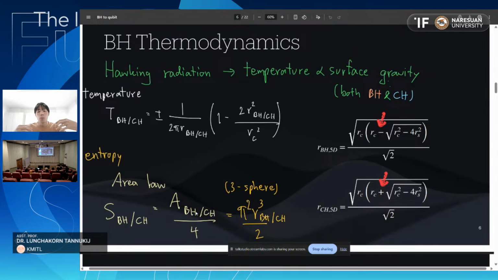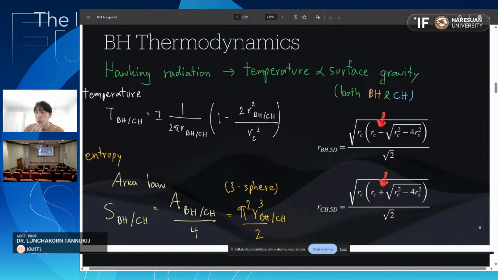We are considering the 5-dimensional Schwarzschild-de Sitter solution, so the area must be that of the 3-sphere, which is given by this formula, 2 pi squared r cubed. And these two are the horizon radii for the black hole horizon and the cosmological horizon.